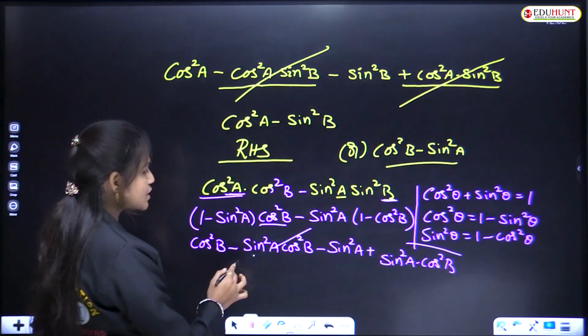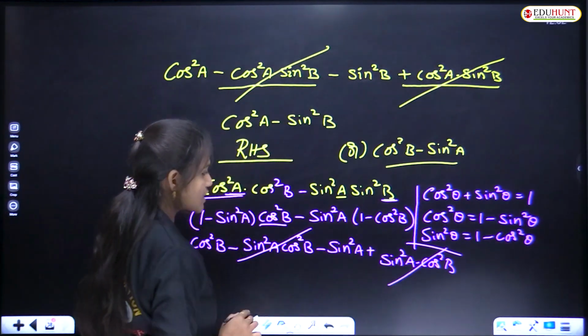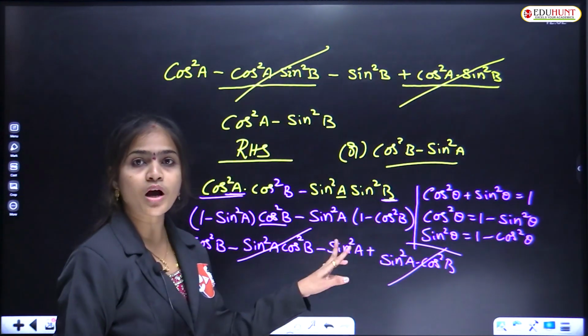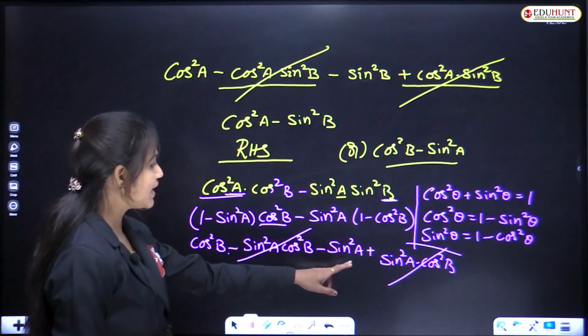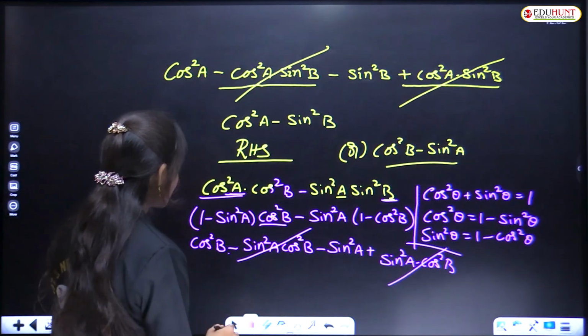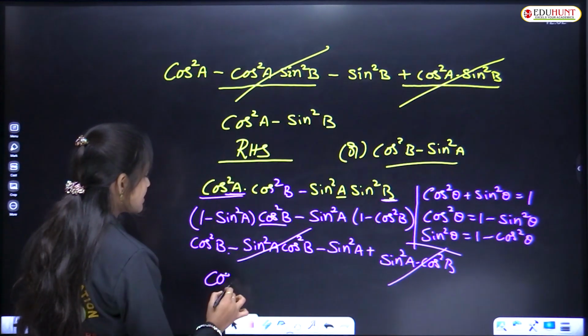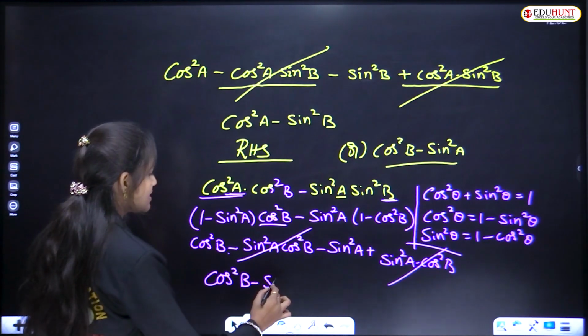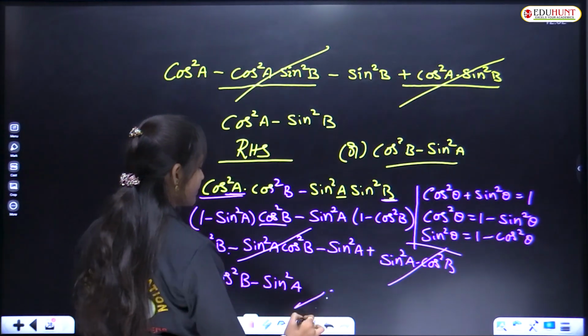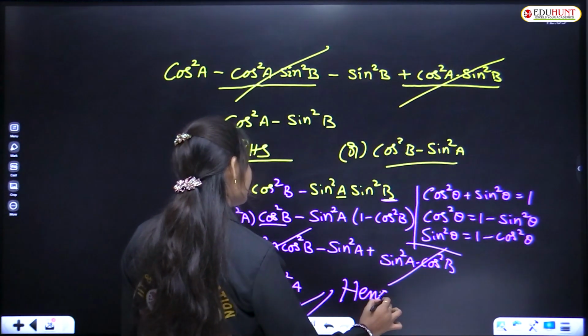Yes, again sine square A cos square B, sine square A cos square B, those two have opposite signs. Here the negative sign is there, here the positive sign is there. So the leftover is cos square B minus sine square A. Yes, hence it is proved.